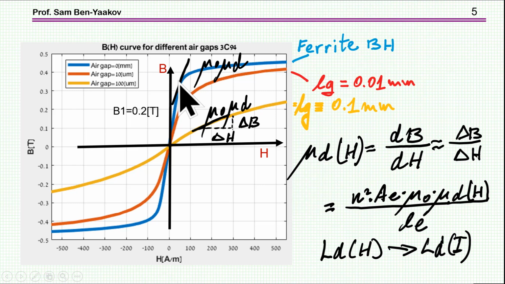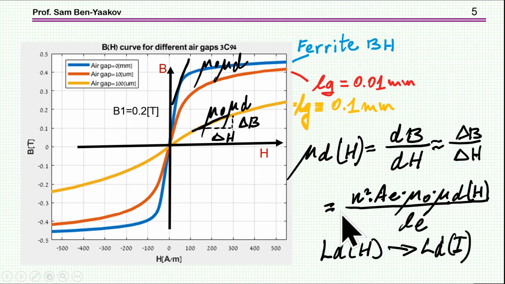So we are talking about differential or local or small signal permeability, and consequently we're going to have a small signal or local or differential inductance. Okay? The permeability is the local derivative, which is usually, of course, approximated in practical measurement as delta over delta.